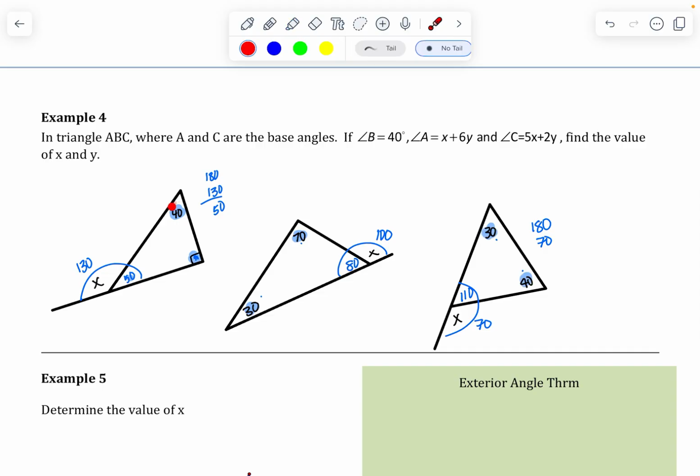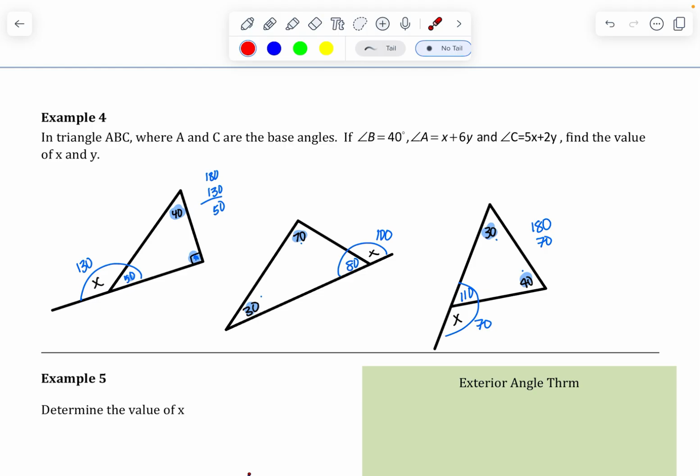So 40 and 90 equals 130. 70 and 30 equals 100. 30 and 40 equals 70. So this is called the exterior angle theorem. It is not a fluke. It's just a property of triangles, something super nerdy, but something super cool that happens when you have an exterior angle of a triangle.